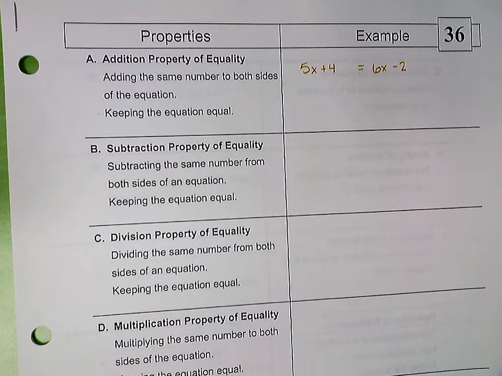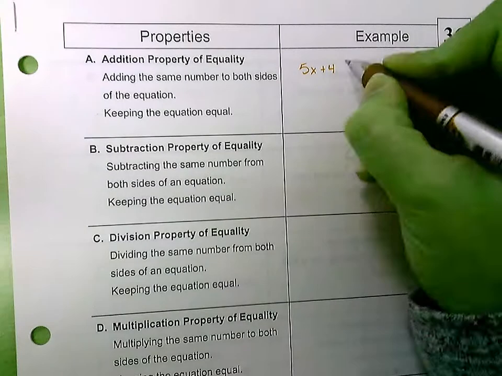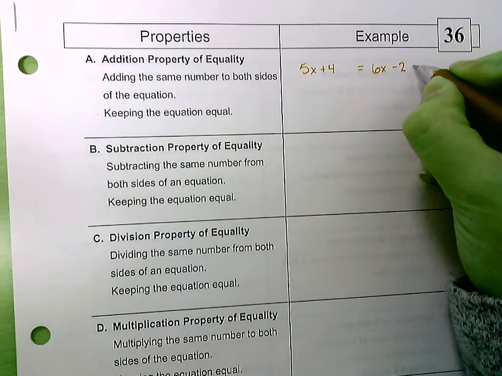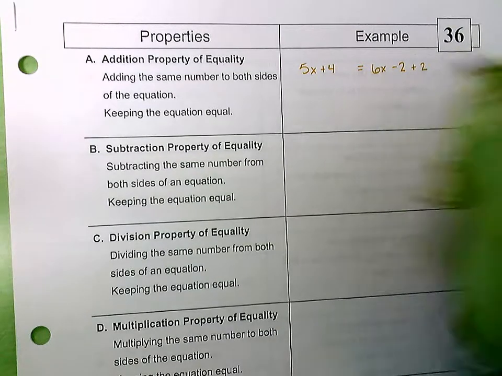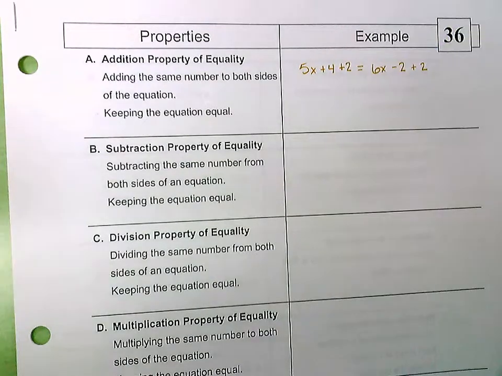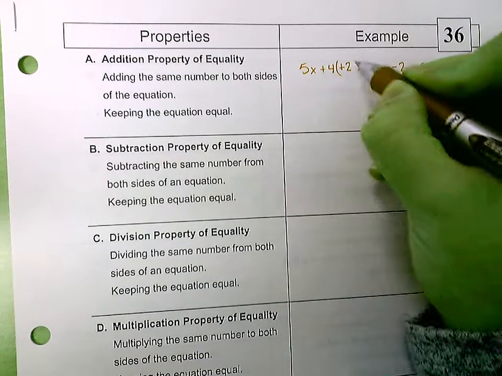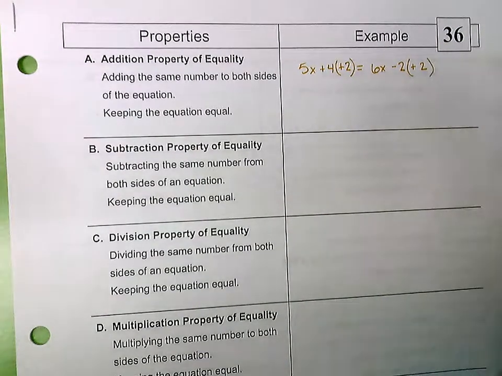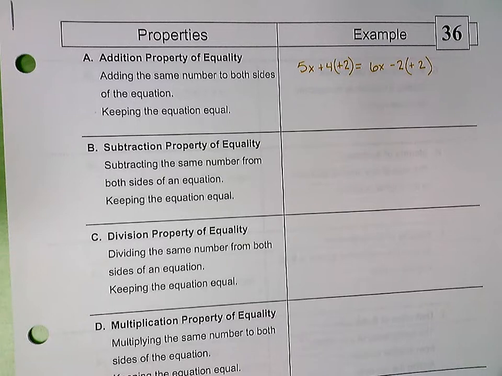When I'm solving an equation, I usually add a number to both sides to start solving it. If I were to just add on 2 to both sides, you're adding on that same number to both sides. It's the addition property of equality, keeping it equal.